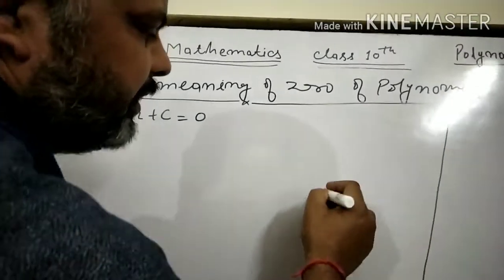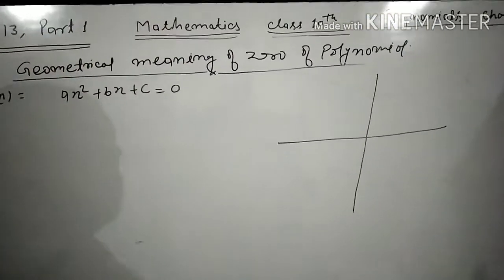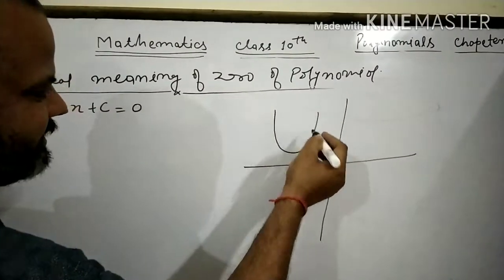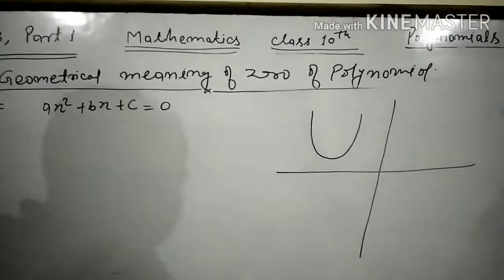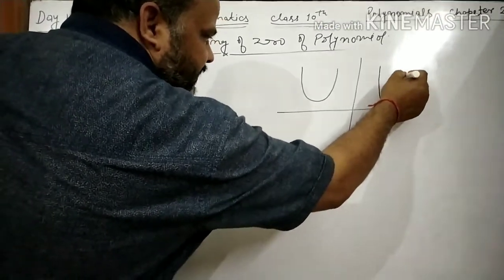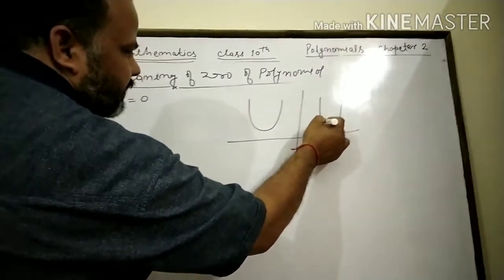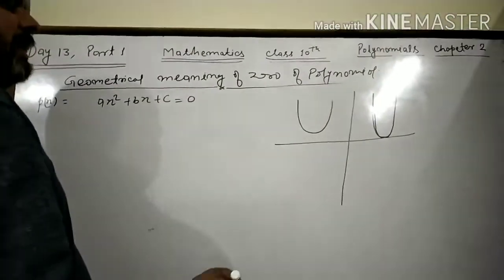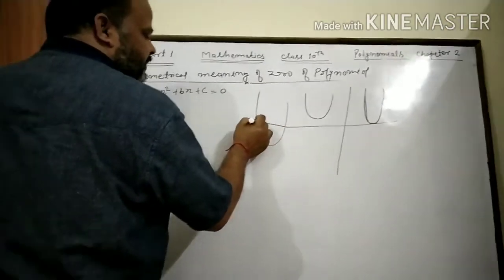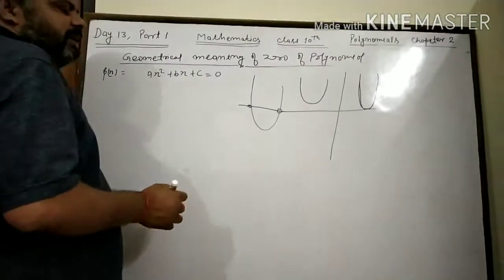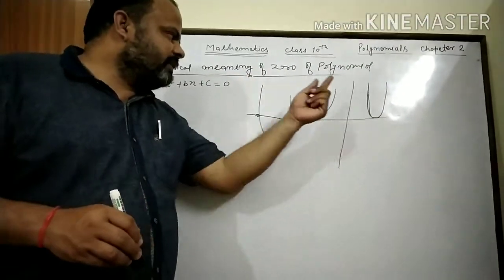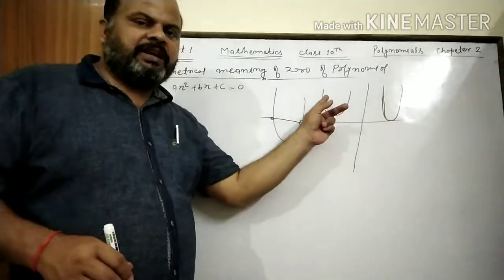Three conditions means this parabola does not intersect the x-axis, or it intersects the x-axis at a single point, or it may be possible that this parabola intersects at 2 points. Then it has three conditions: it intersects at 2 points, intersects at 1 point, and intersects at no point.